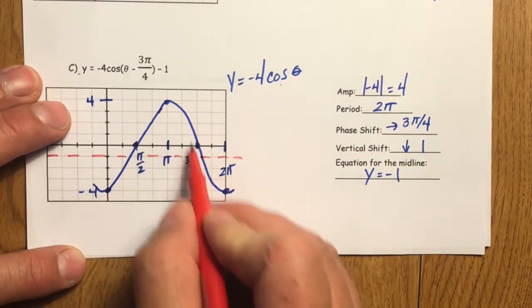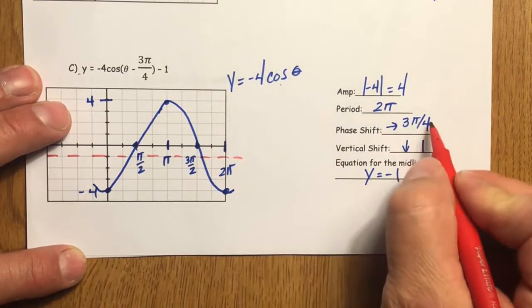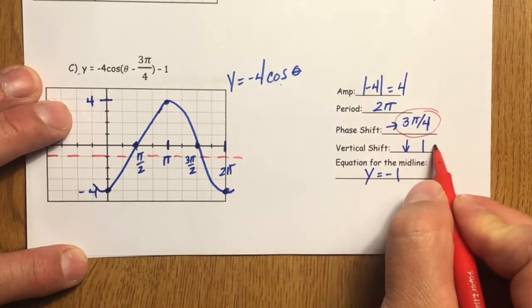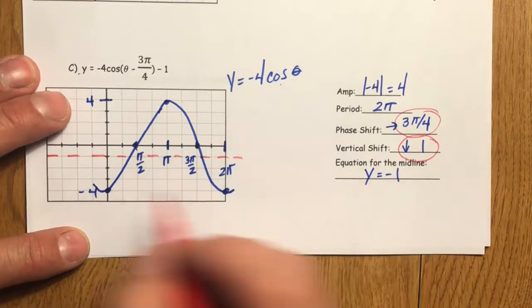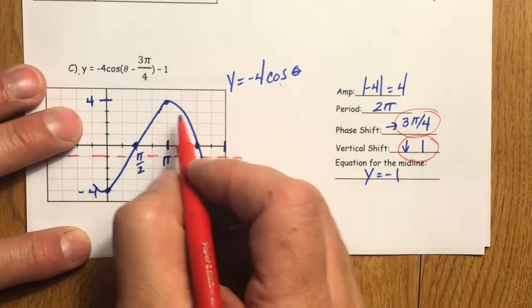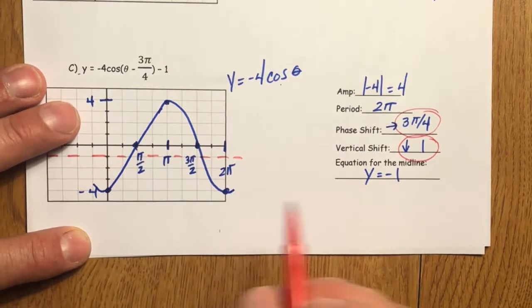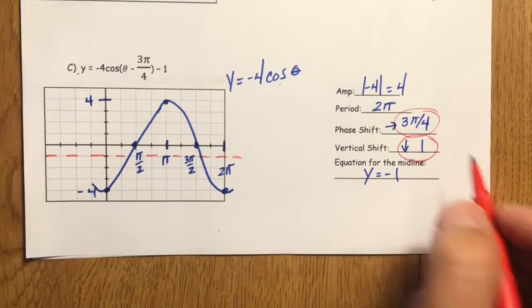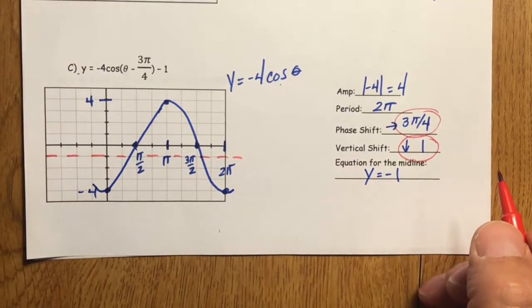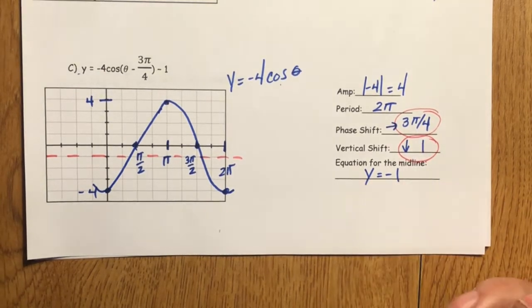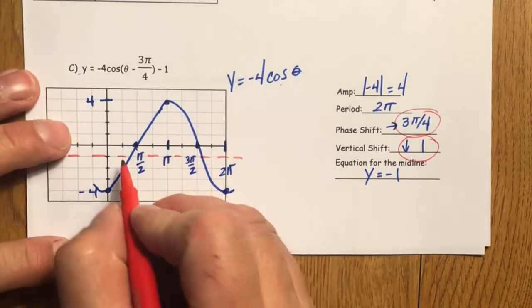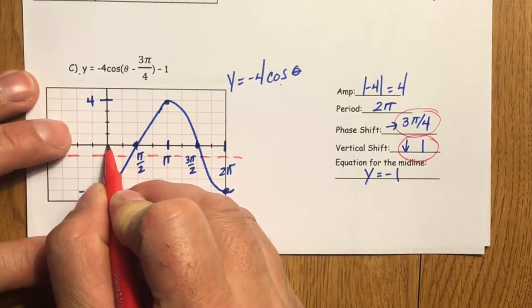Now I'm going to take the blue function and apply our phase shift and our vertical shift. It doesn't matter what point you start with. I'm going to start with this point here, and go 3 pi over 4. 3/4 is 0.75, so that's from here to here.